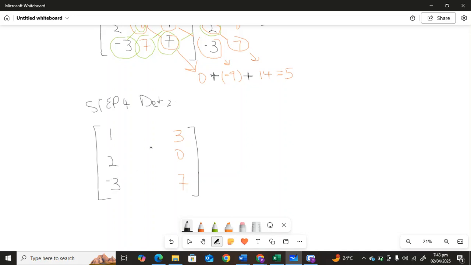The y column is still 1, negative 1, 5. And as I said, always put the first two columns outside. 1, 2, negative 3. And here, 1, negative 1, 5.